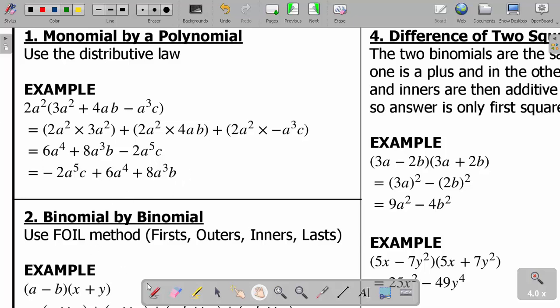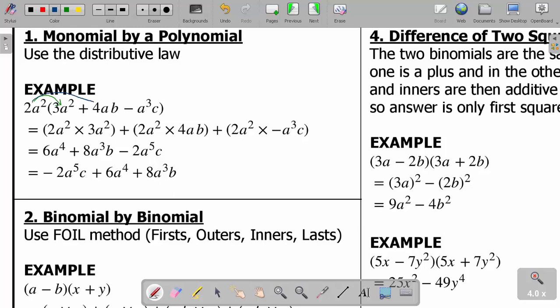What I mean is this: I'm going to multiply 2a squared times 3a squared. When I'm done, I multiply 2a squared with 4ab.